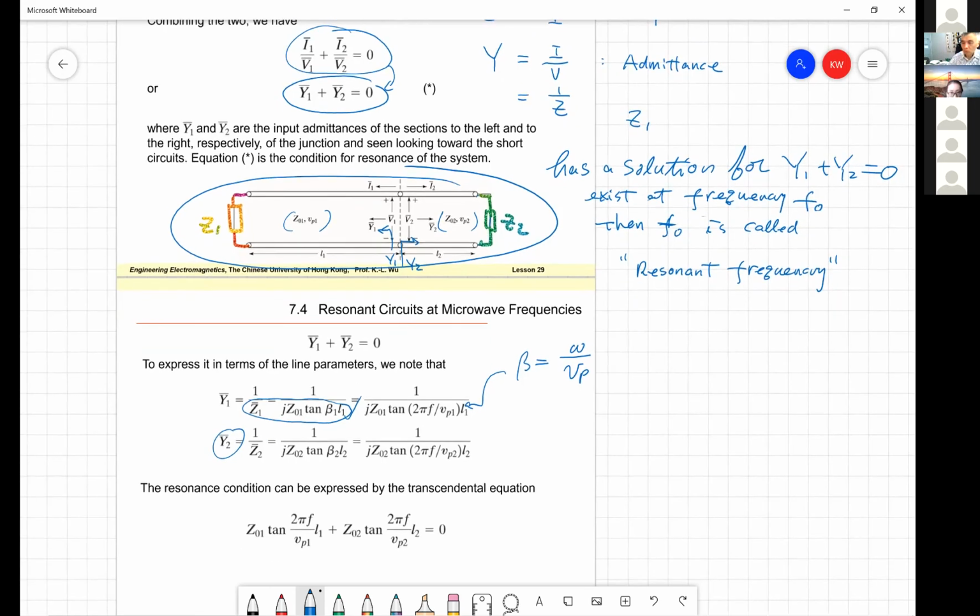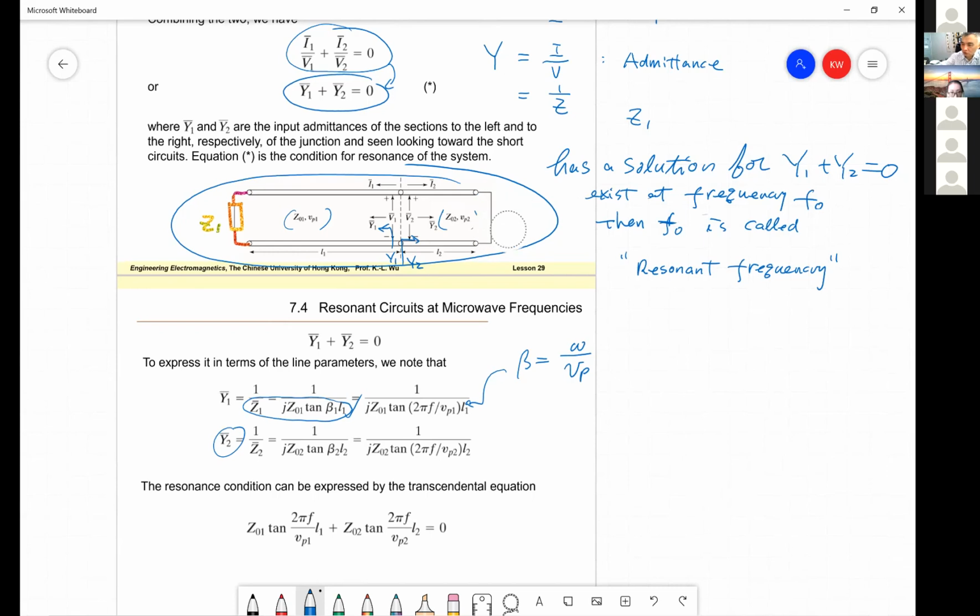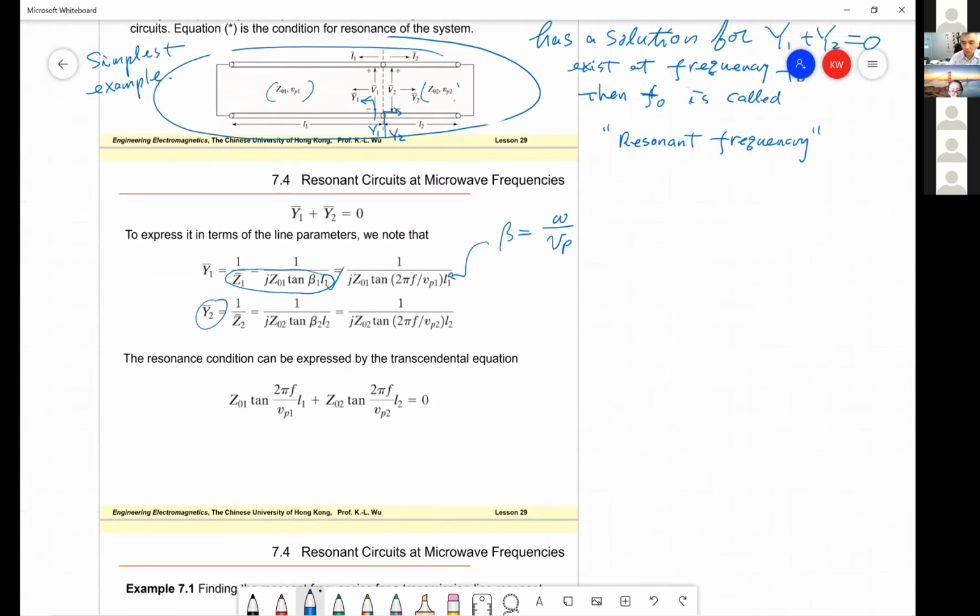So putting in a short circuit is just the simplest example. Now we substitute Y1 and Y2 into this.